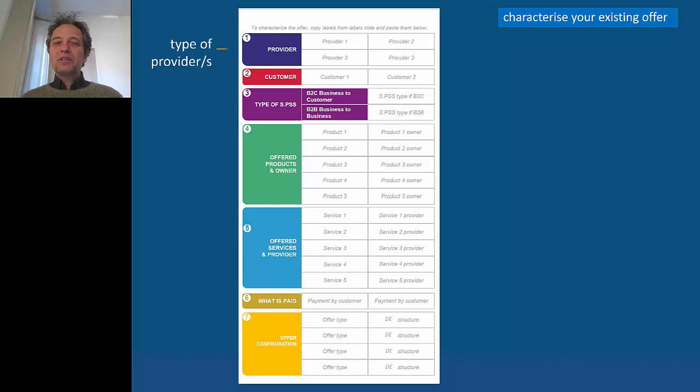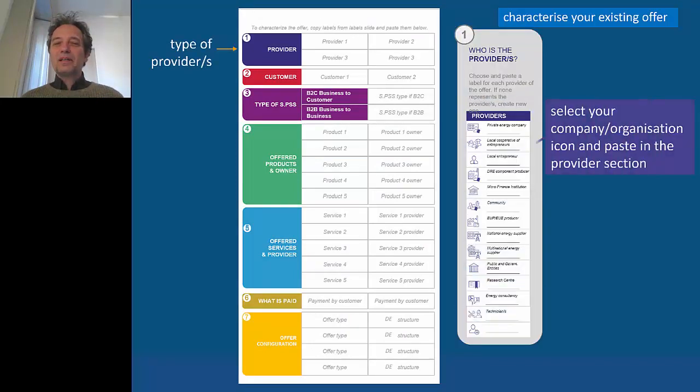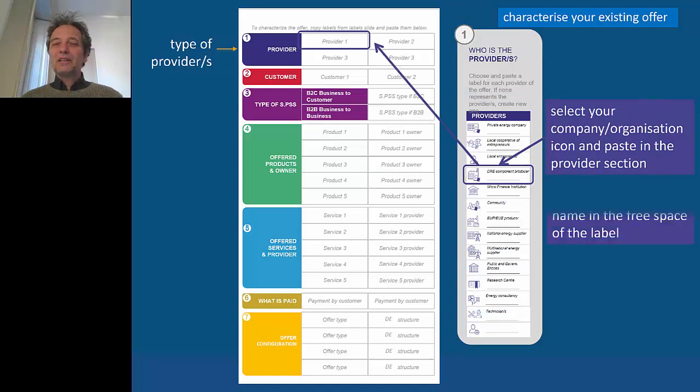But to see this a little bit better, let's look into more detail. So we can drag and drop from the icon that we have for the provider the label that corresponds to the existing offer, and we can write in the given space even the name of the company.